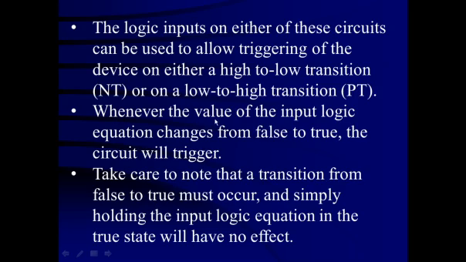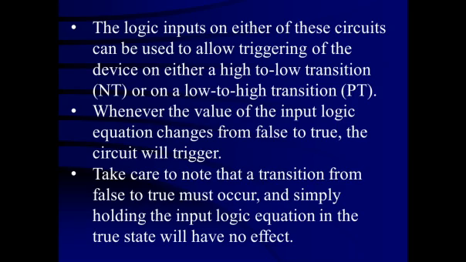Whenever the value of the input logic equation changes from false to true, the circuit will be triggered. That means at the trigger input, the circuit is triggered when it makes a transition from false to true. False means 0 and true means 1. So when it makes the transition from low to high, that is from 0 to 1, the circuit will be triggered.